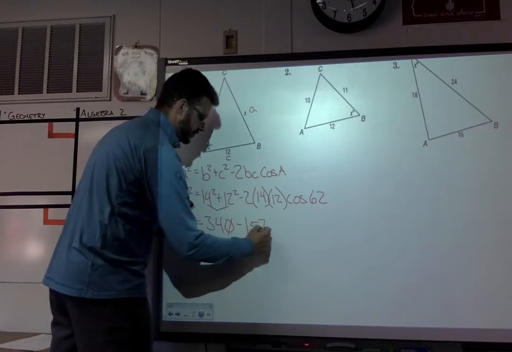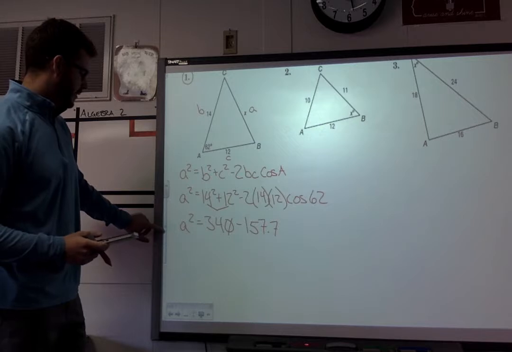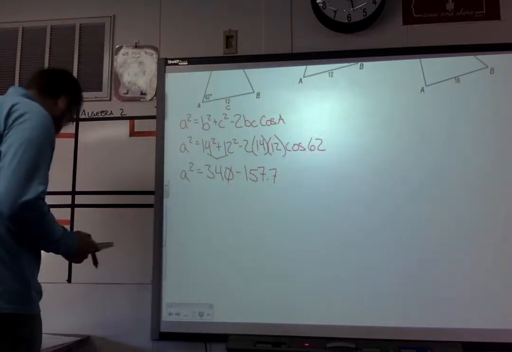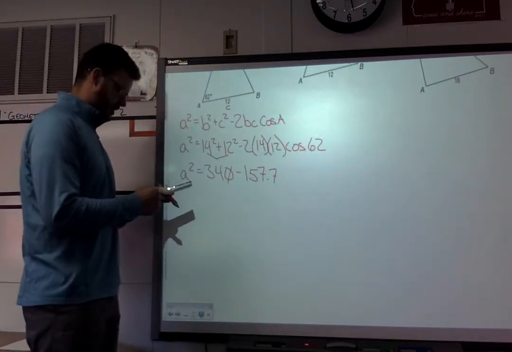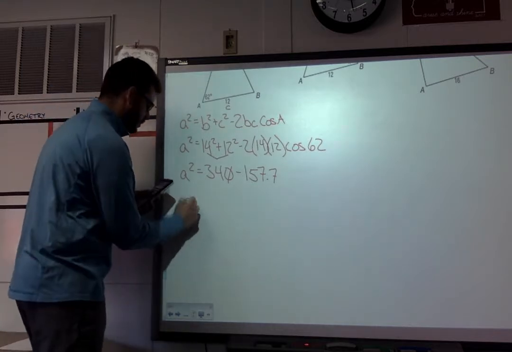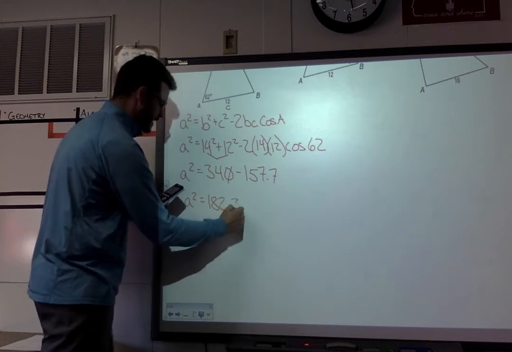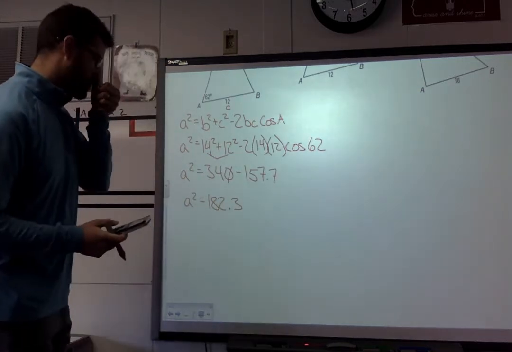So 157.7. So now when I do my subtraction, 340 minus 157.7, I get A squared equals 182.3.